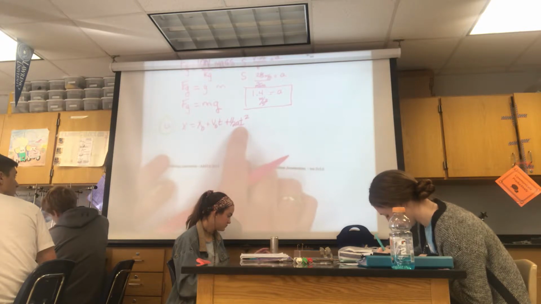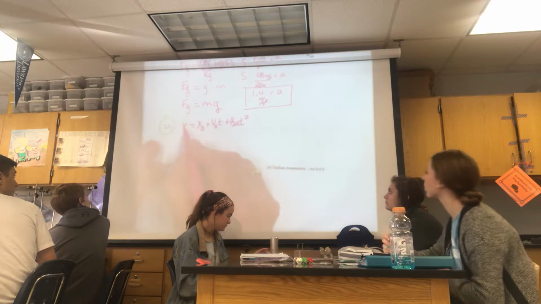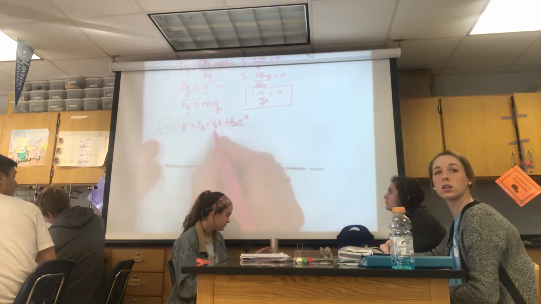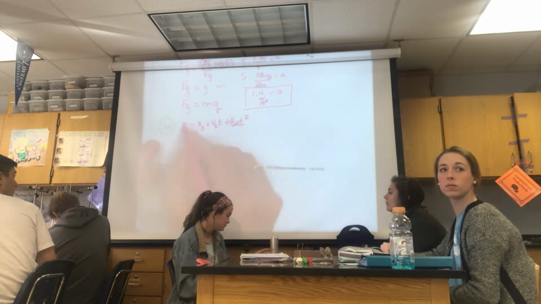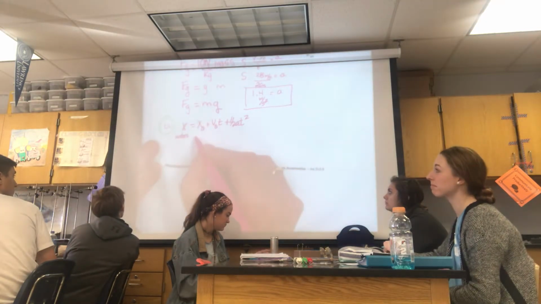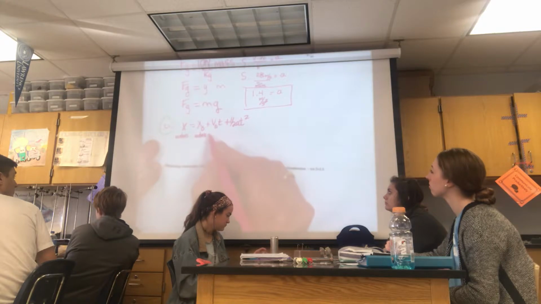Well, that's a big lead balloon thud. So what is this measured in? This is displacement, right? Did we go through this and talk about how each term was measured in meters? All right, so this term is measured in meters, yeah? Okay, what about x naught? Meters. Okay, let's look at this.